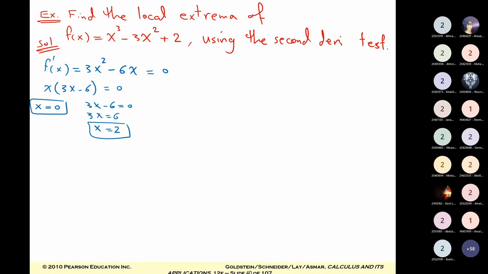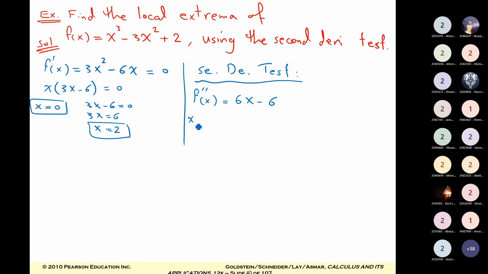Now the second derivative test. This means find f double prime, which equals 6x minus 6, and substitute at x equals 0 and x equals 2 and find the sign of f double prime.